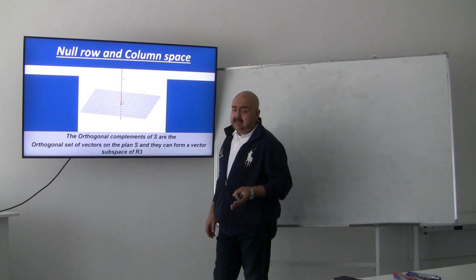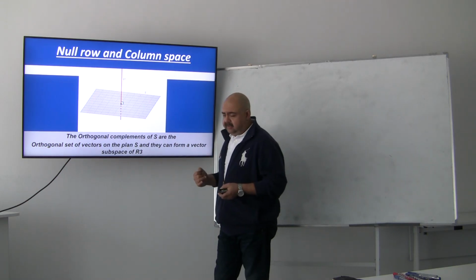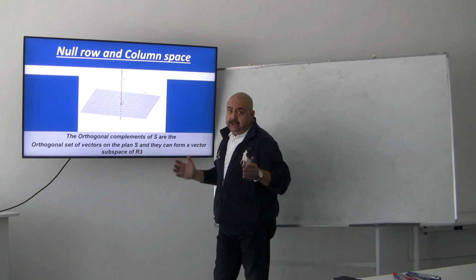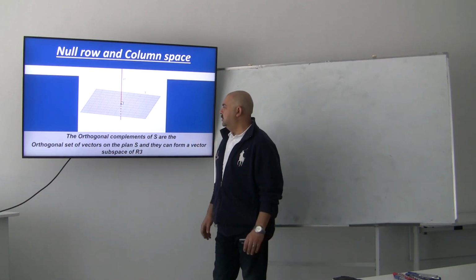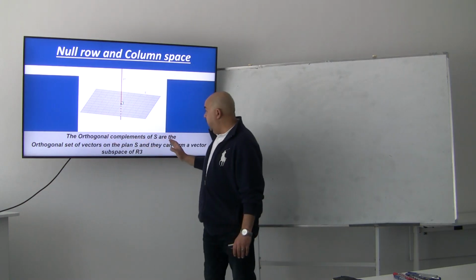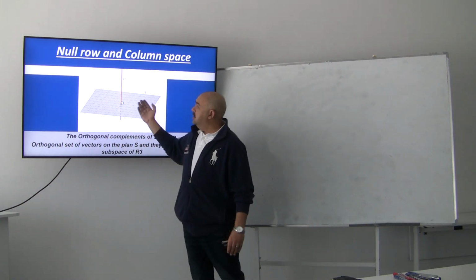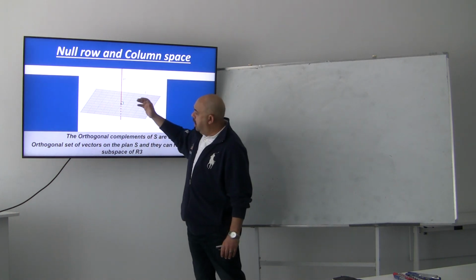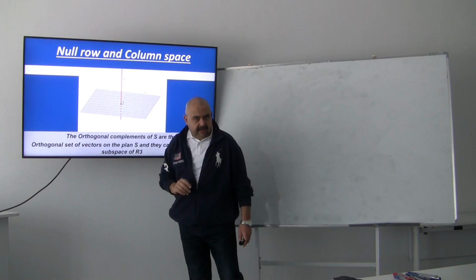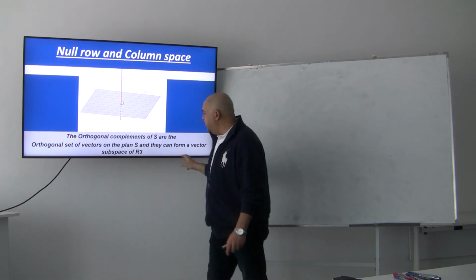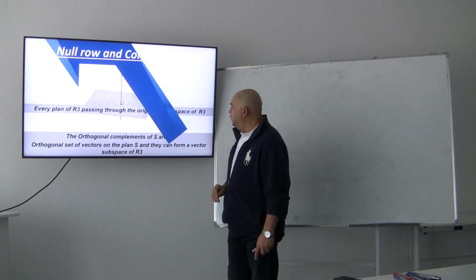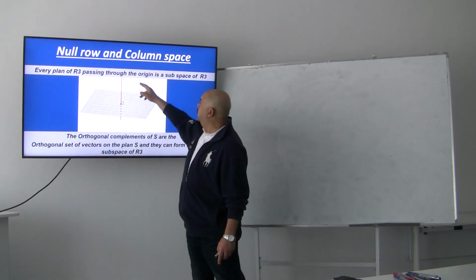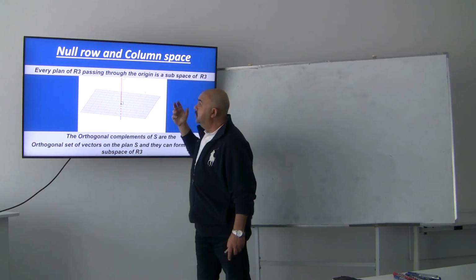We explained this slide, and this part was also covered previously, but I just wanted to go through it to make all this work together in the coming slides. Regarding the orthogonal complement of S, if S represents a vector space, the orthogonal complement is the set of vectors which are perpendicular to all the vectors that exist in S. Every plane of R3 passing through the origin is a subspace of R3.